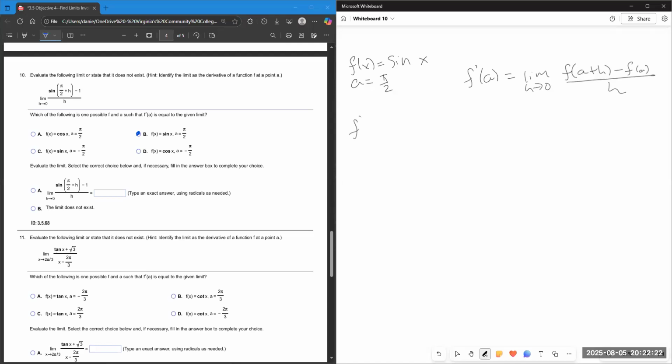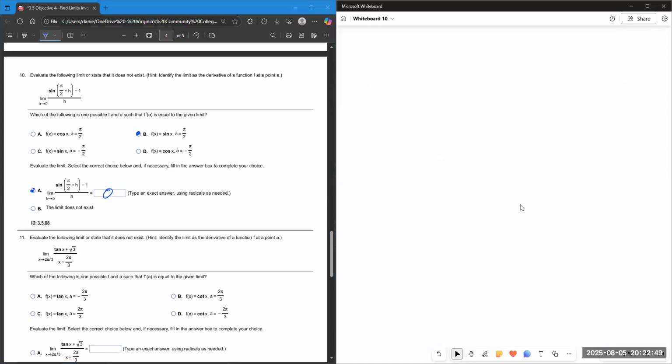So f prime of x will be cosine of x, and f prime of pi over 2 is cosine of pi over 2, which is 0. Let's see that this comes out to be 0, but let's do it the hard way now instead.